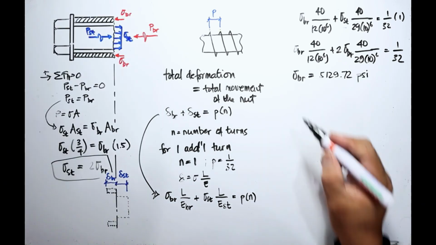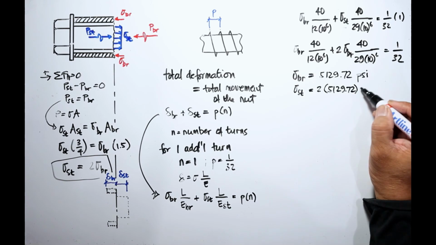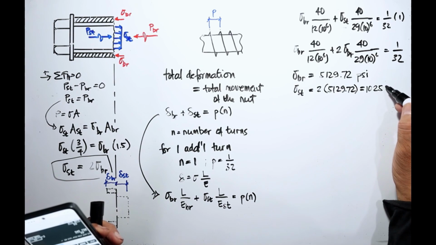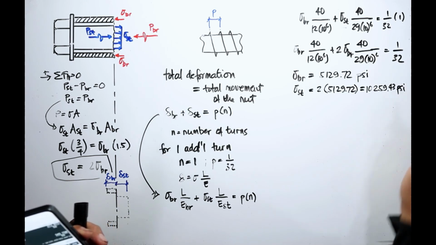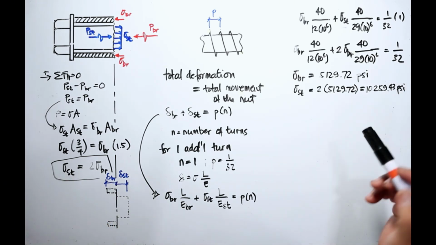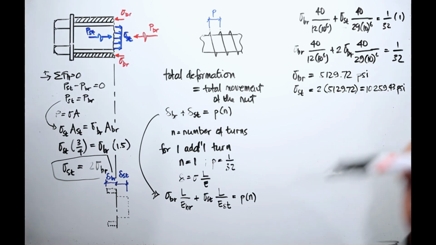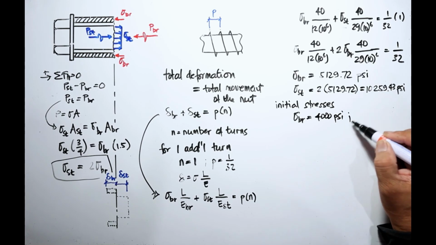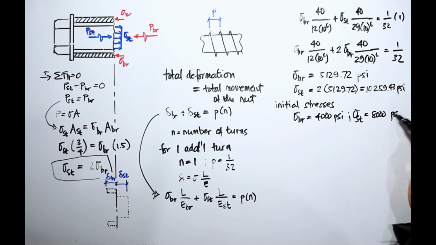And it follows that the stress in the steel, which is just twice that of the bronze, is equal to times 2, 10,259.43 psi. By the way, this is just the stress developed for one turn of the nut. We are already given the initial stress. The initial stress is 4,000 psi, and for the steel it is just twice that, 8,000 psi.